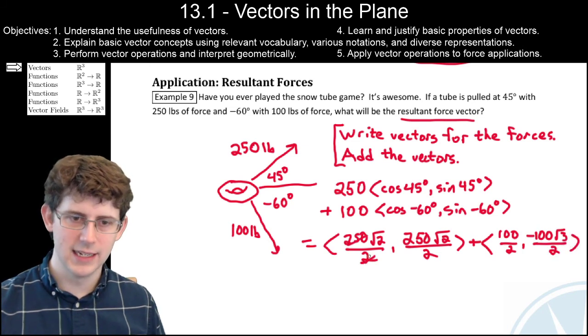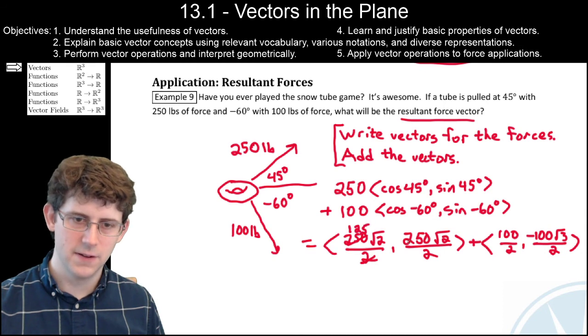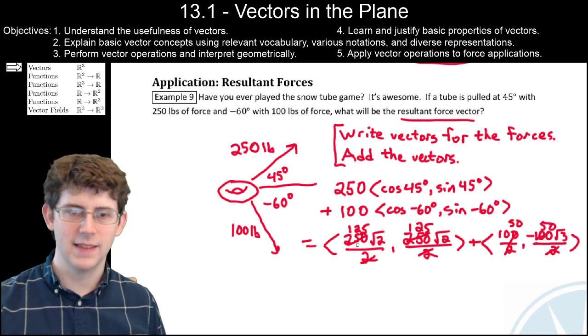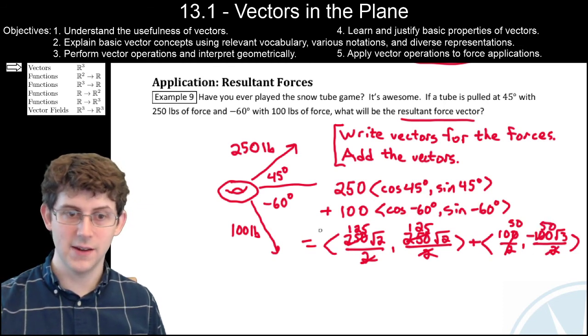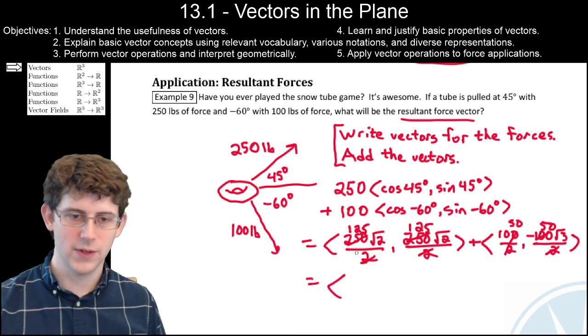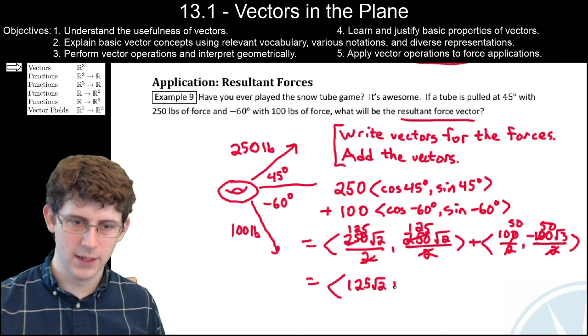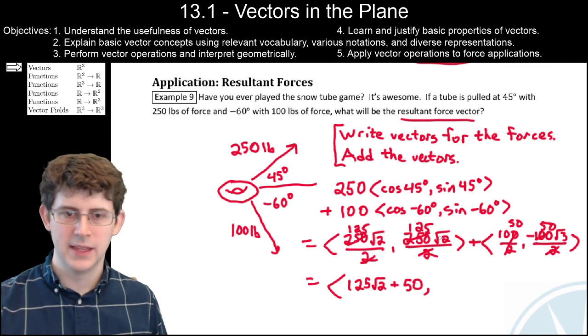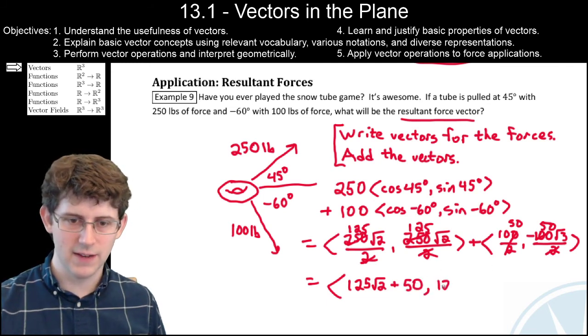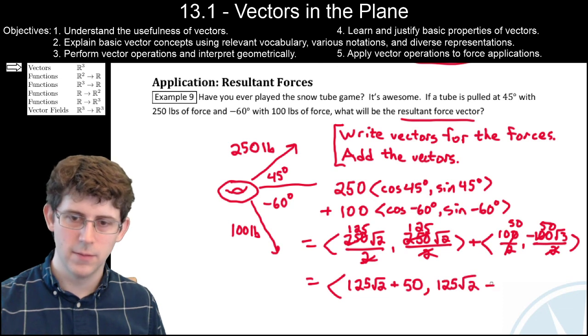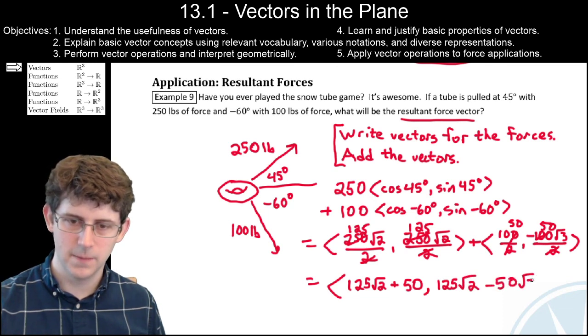These simplify a lot, so this is 125, this is 125, this is 50, this is 50. And then when you add the vectors together, you add them component-wise. So in the x component, I'll have 125 root 2 plus 50. And in the y component, I'll have 125 root 2 minus 50 root 3.